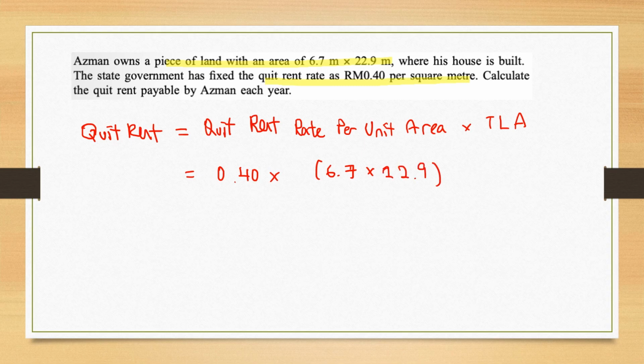You get all those figures out would be approximately 61 ringgit 37 cents. So we approximate this amount to two decimals. 61.37. There you go.